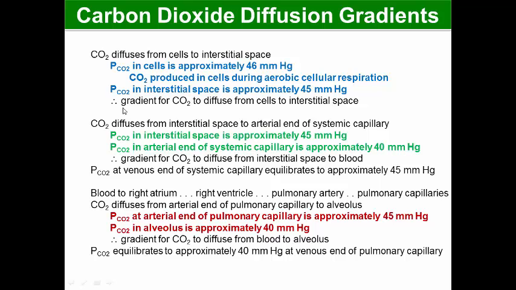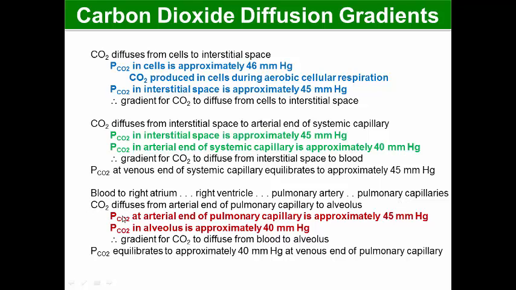Then carbon dioxide diffuses from the interstitial space to the arterial end of the systemic capillaries, because again there is a pressure gradient for carbon dioxide. Then lastly, you can see here, blood goes to the right atrium, to the right ventricle, to the pulmonary artery, then to the pulmonary capillaries.